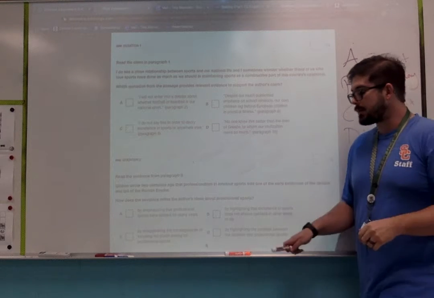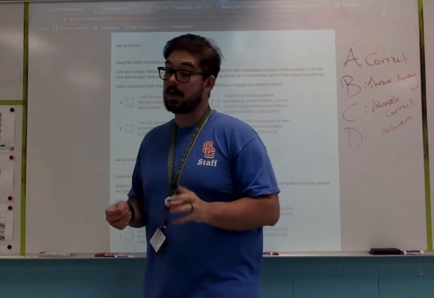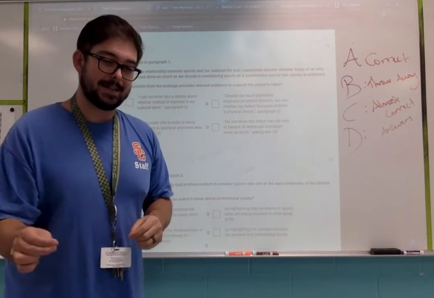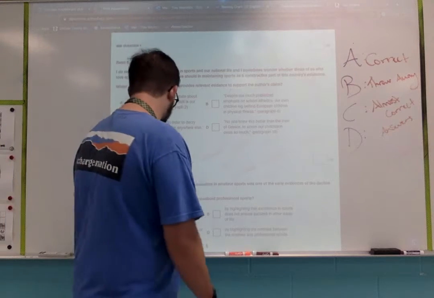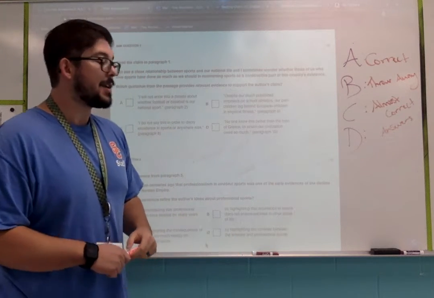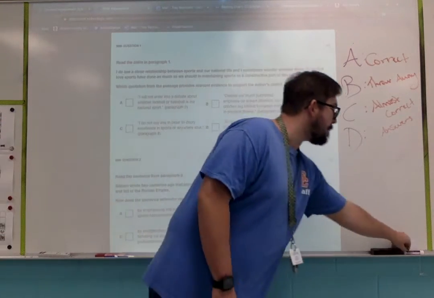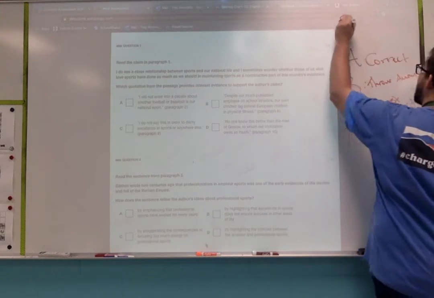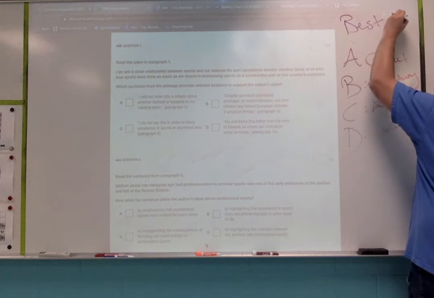One concept you can always keep in mind whenever you're answering, especially a state test, is the idea of the word best. A lot of times that's the word that you have to hinge your ideas on, is which answer choice best answers it. And that's kind of the rule of thumb that you have to keep in mind. The best answer.